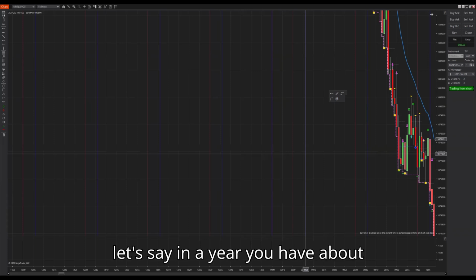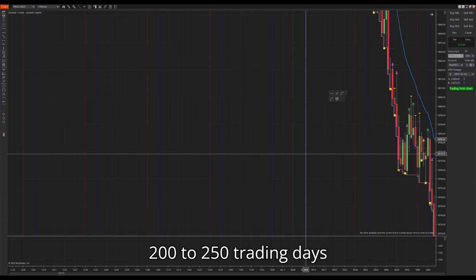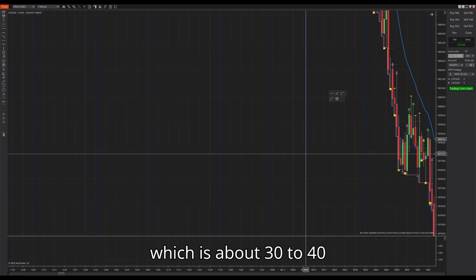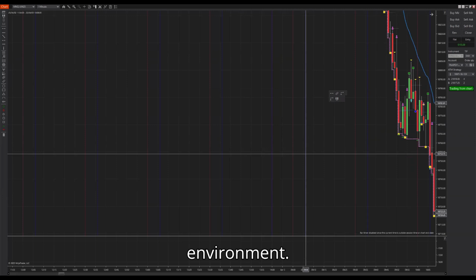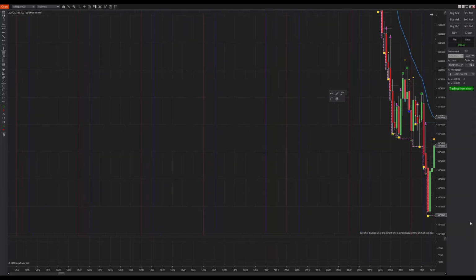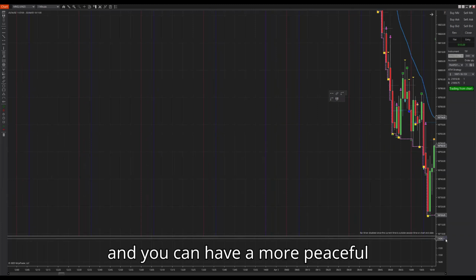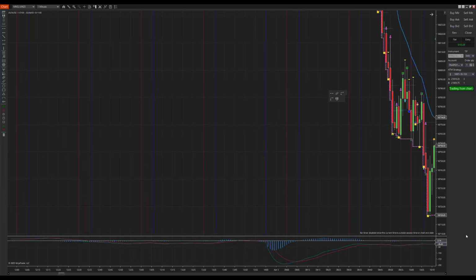Let's say in a year you have about 200 to 250 trading days and only about 20 to 30% of days you will get like this, which is about 30 to 40 days per year, and the rest, about 100 days per year, will be a more manageable type of environment. So just trading only during those stable periods is usually more than enough, and you can have a more peaceful trading life.